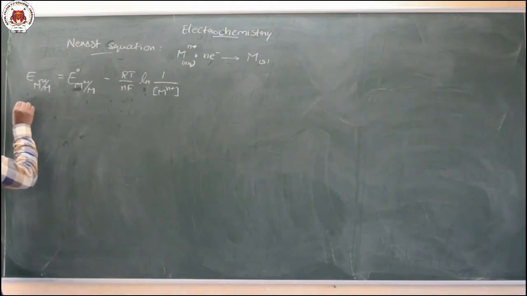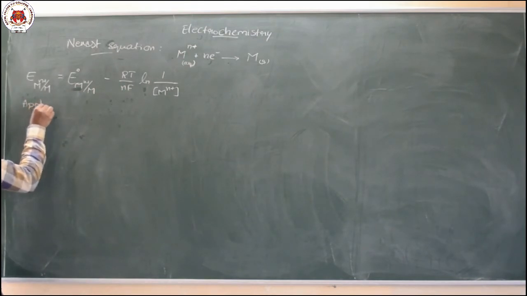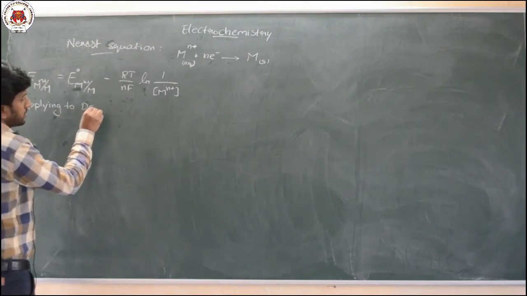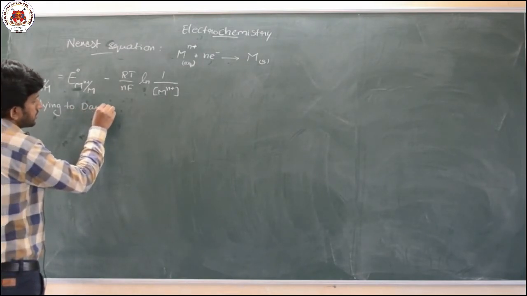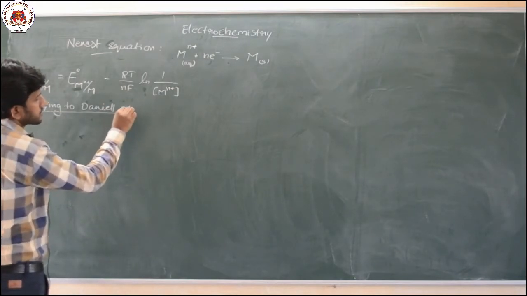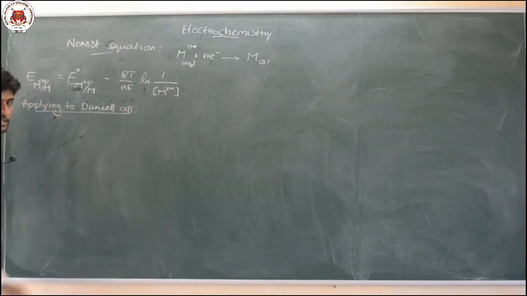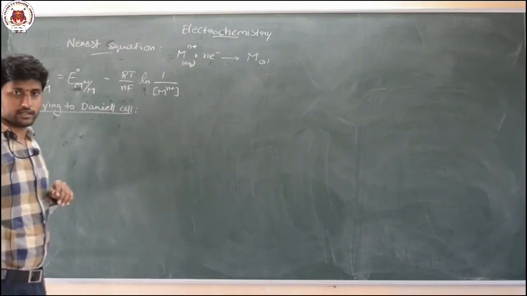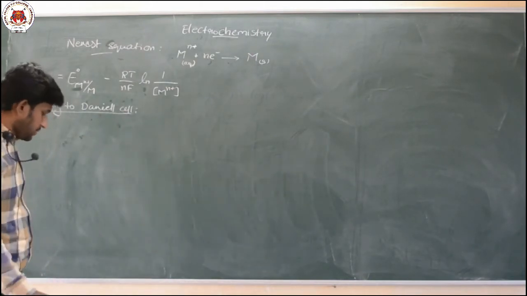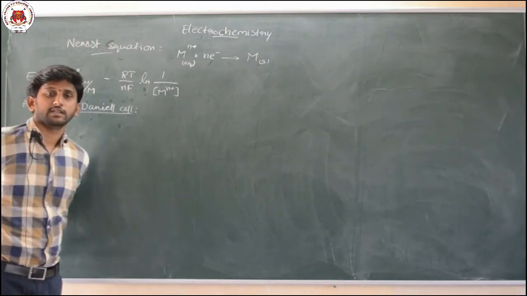Applying this Nernst equation to the Daniell cell. Let us apply this Nernst equation to the Daniell cell electrodes or redox couples. What are the redox couples present in the Daniell cell?